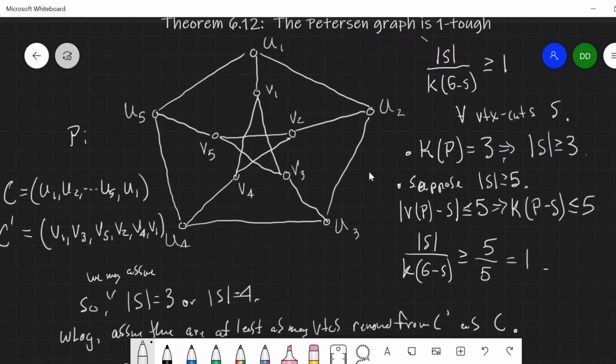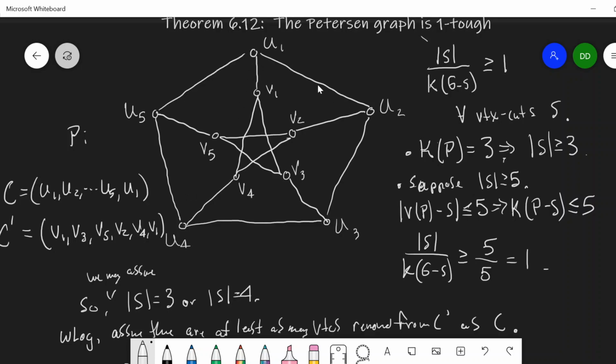So let's see, we remove 2 vertices from C prime and 2 vertices from C. Notice that if we remove any 2 vertices from C prime, no matter which 2 I pick, we would necessarily be removing, maybe let's look at C for a better picture. We remove 2 vertices from C. No matter which 2 I remove, I'm always going to be left with 2 vertices that are adjacent to each other, right?